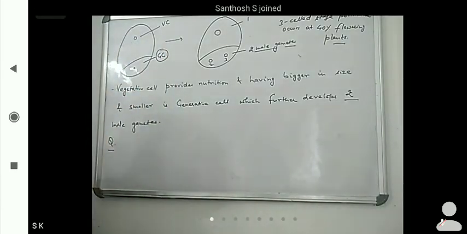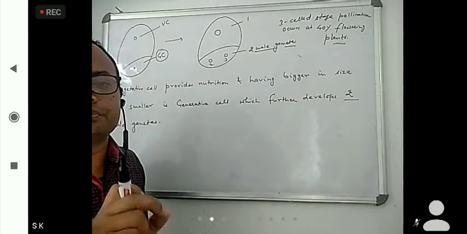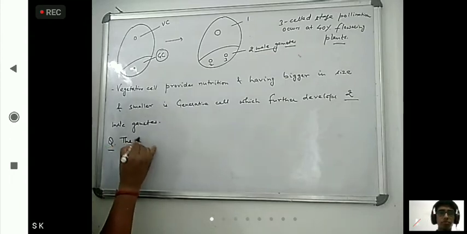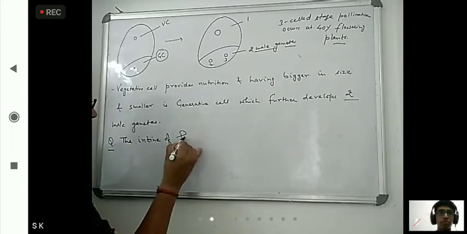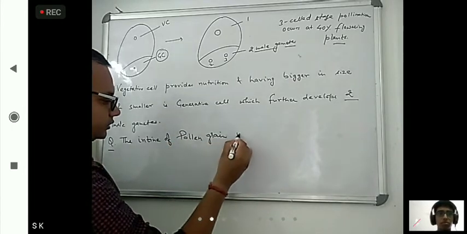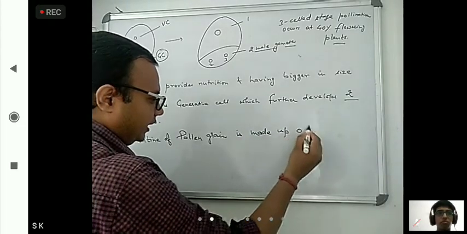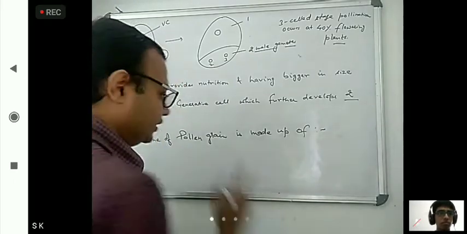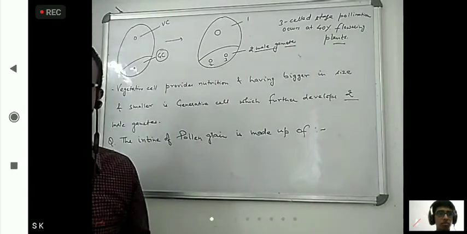One question is: the intine of pollen grain is made up of what? The exine is made up of sporopollenin. So the question is asking, the intine of pollen grain is made up of.